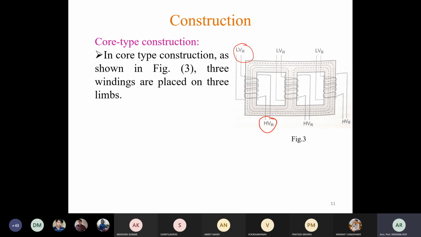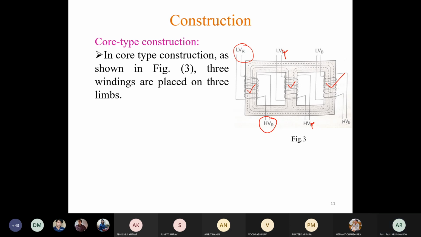In this way the other 2 phases are also placed onto different limbs. Okay, so this is R phase, this is Y phase, this will be Y, I'm sorry. So this is Y phase and this is B phase.